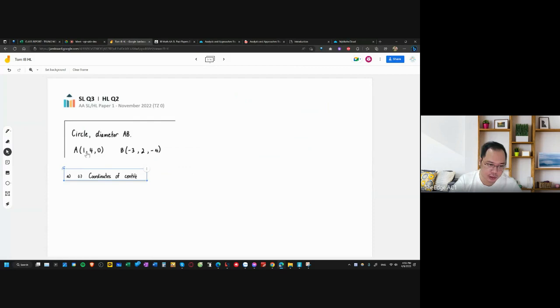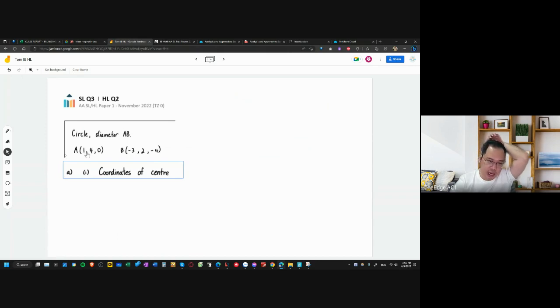Given a circle, and the diameter of the circle is AB, and the coordinates of A and B are as follows. Find the coordinates of the center. Because AB is the diameter, the center is the midpoint of AB.